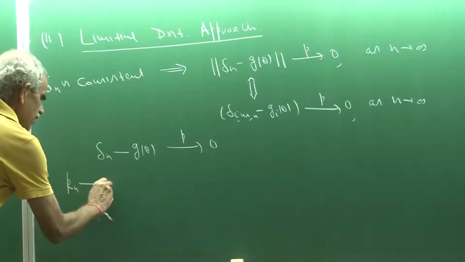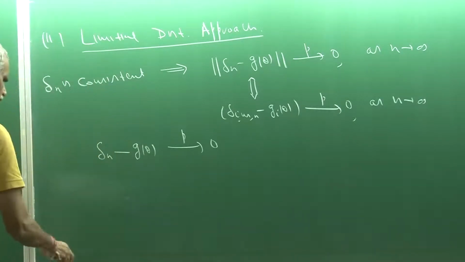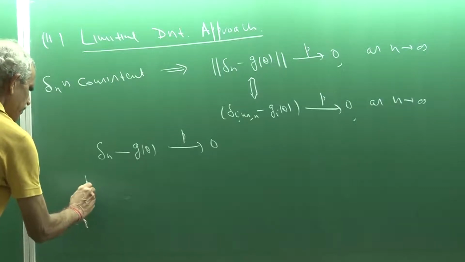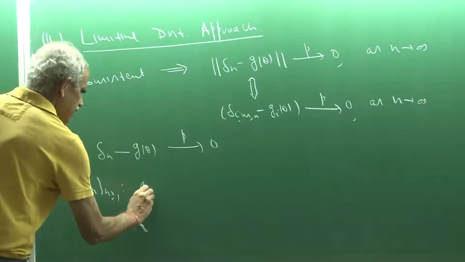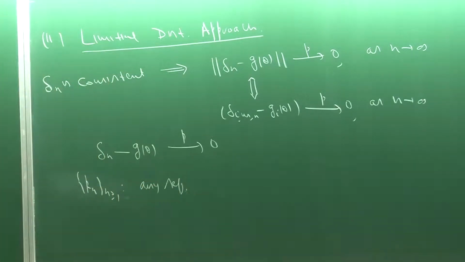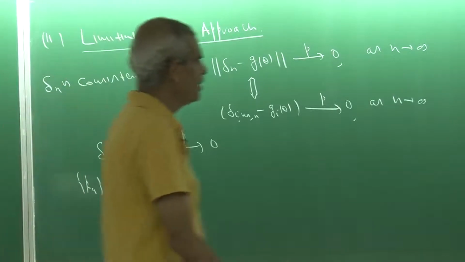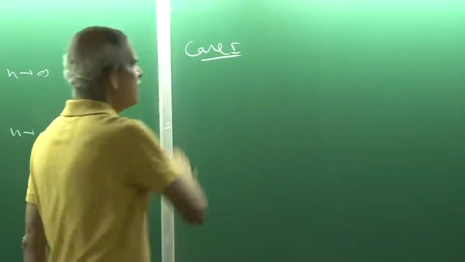Suppose you have a sequence kn. Let us not take any special sequence; let us take kn to be any sequence. Let us consider the following two extreme scenarios.